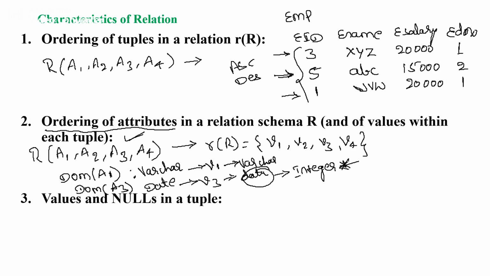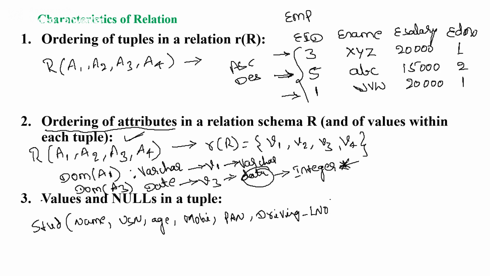Those special values we represent as null. For example, in a student table we have attributes like name, USN, age, mobile number, PAN card number, and driving license number. When inserting a value, we have a student name, for example XYZ, a USN like 4CB17IS003, an age of 20, a mobile number, and a PAN card number like AMPW89, but he doesn't have a driving license number.